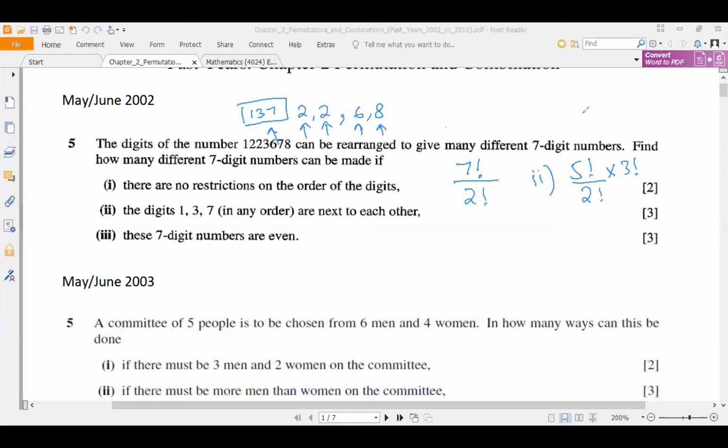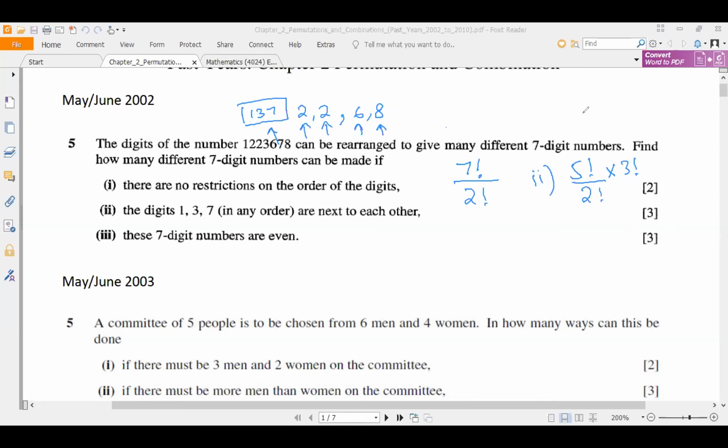The numbers 1, 3, 7 are next to each other. Okay, the third part says these 7 digit numbers are even. Make a strategy for this now.